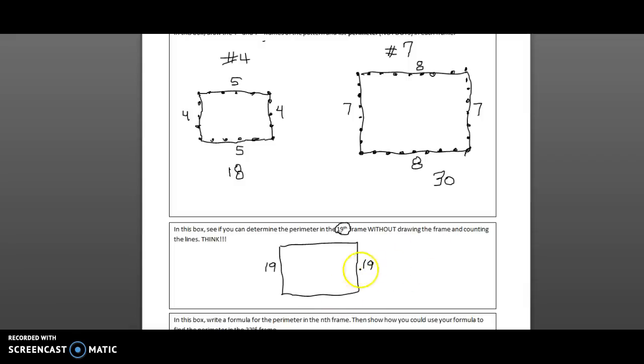So that's 19 and 19. And it's going to be one more than that across the bottom. It's going to be 20 and 20. So when I add up this perimeter, 2 20s is 40, and 2 19s is 38. So I'm going to have a total of 78.